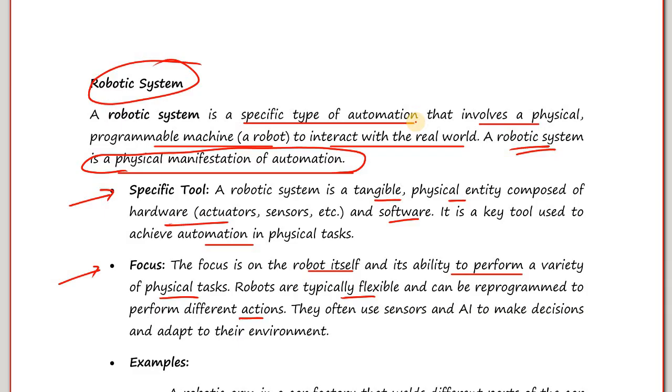Say for example, if I ask a drone robot to do a robotic surgery, then it will not be possible, and even the vice versa as well. Okay. So, the robot must be capable of doing a different job, then only we can reprogram it. So, the robotic systems often use sensors and AI to make decisions and adapt to their environment.